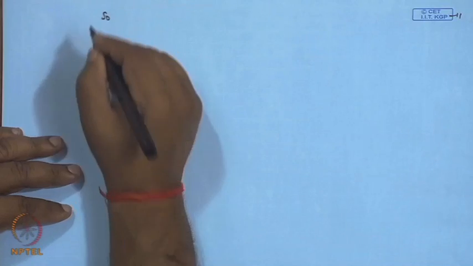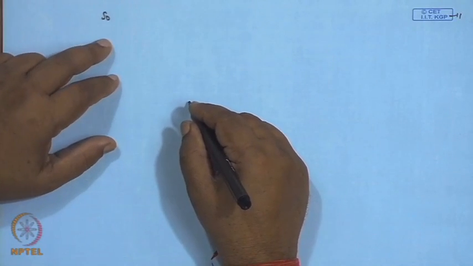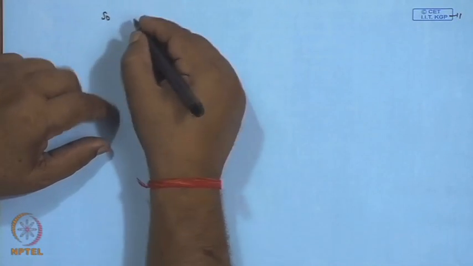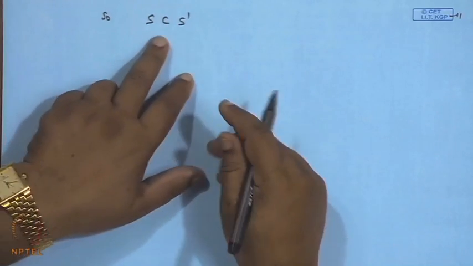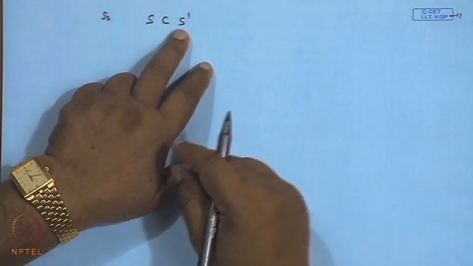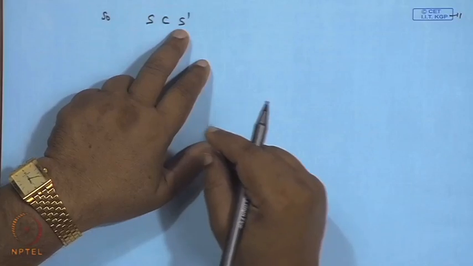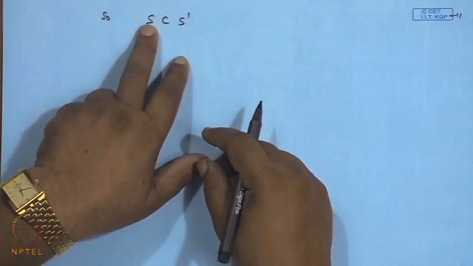So, in such a case, S will always be a subset of S dash, because every point of S is a limit point. So, S dash will contain all the points of S.